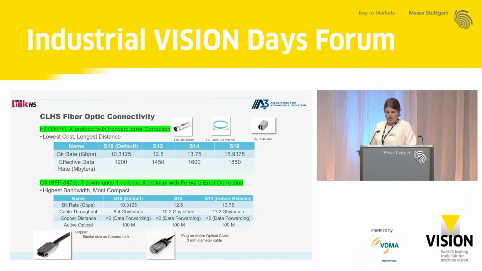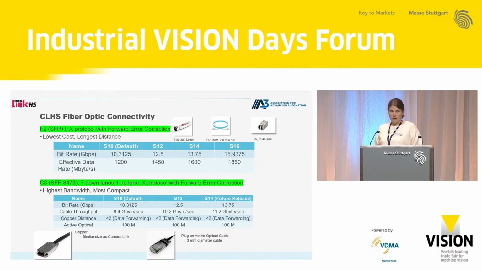Together with the CLHS protocol, a low-cost fiber optic over long distances can be used for high-speed transmission. All variants are suitable for direct connection to low-end FPGAs, with up to 16G transceivers for the fiber optic version.